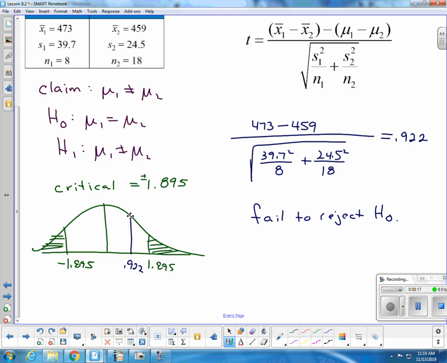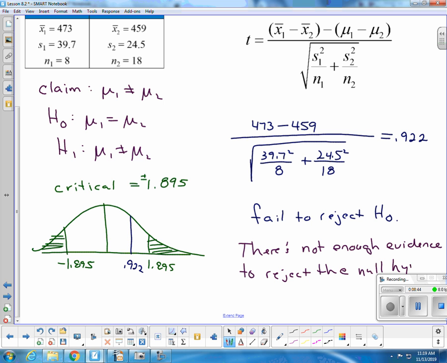And then how you would write the next part is you would say, there's not enough evidence to reject the null hypothesis.